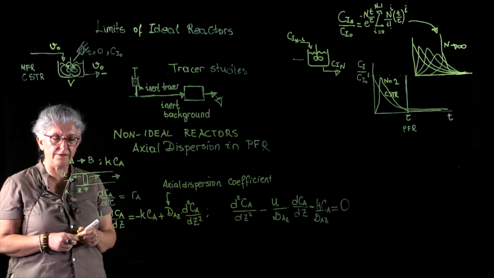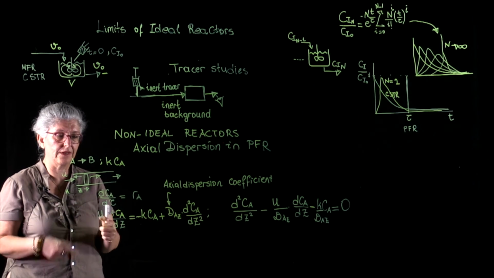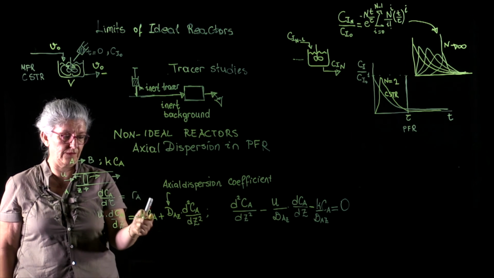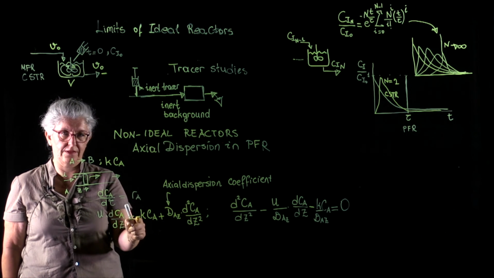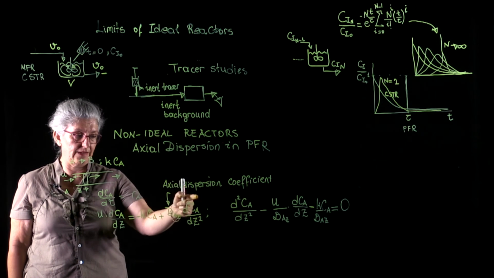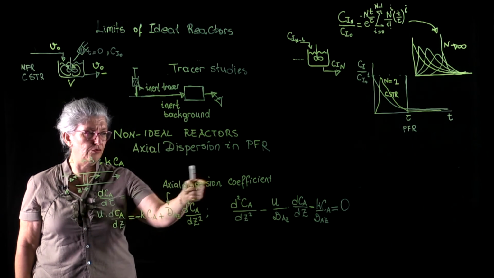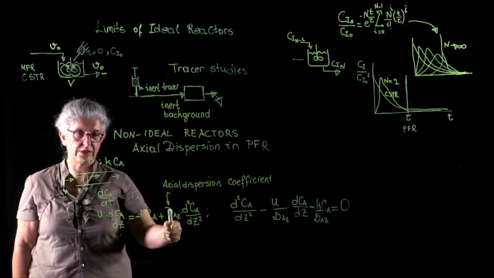So in a domain where the reactants disappear through the reaction, the minus sign, the reactants also dissipate through axial dispersion by diffusion.